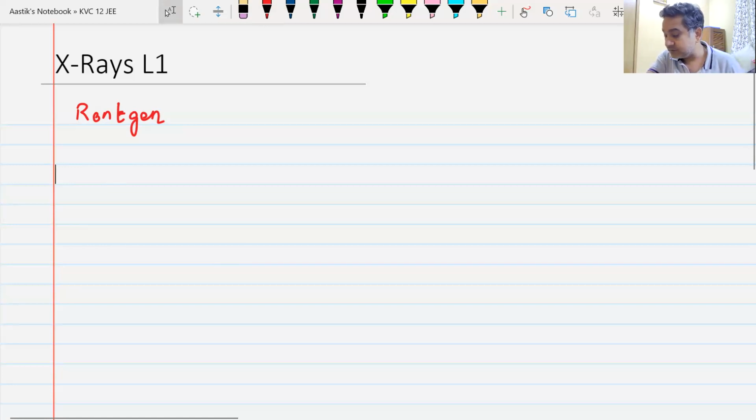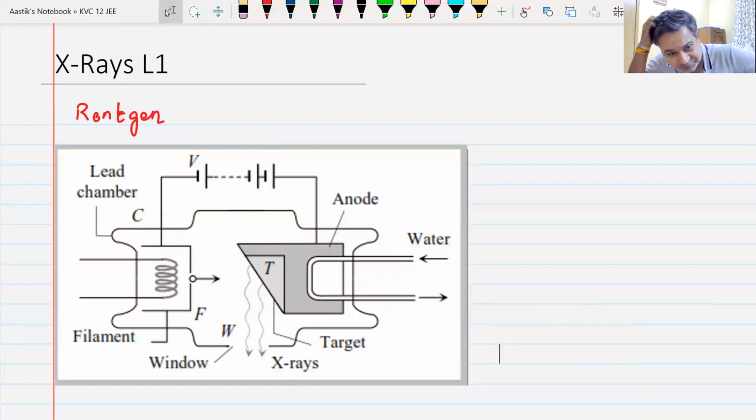Oops, where is the diagram? This is the diagram. Based on this diagram, you are going to get almost 80 to 90% of the questions from X-rays. The rest is just 10% on the graphs. What is this setup known as? Any idea?